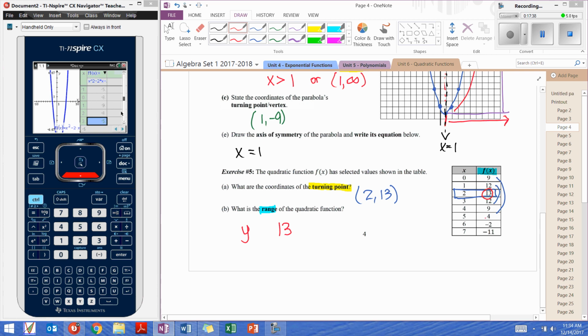Well, they're definitely not getting any bigger. They are getting smaller. So we will use a less than, and because 13 is in the table, it can equal. So y is less than or equal to 13. Another way we could write that is in interval notation. It starts at negative infinity, but it only goes up to 13 and stops right there.